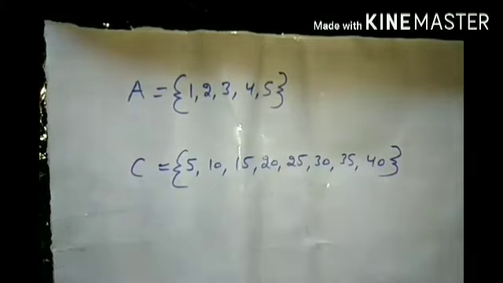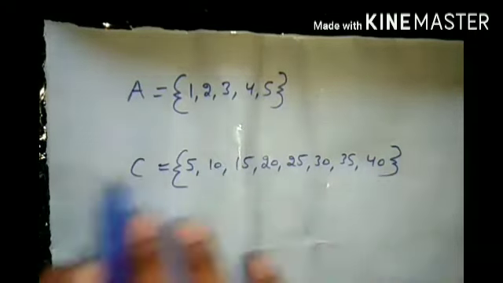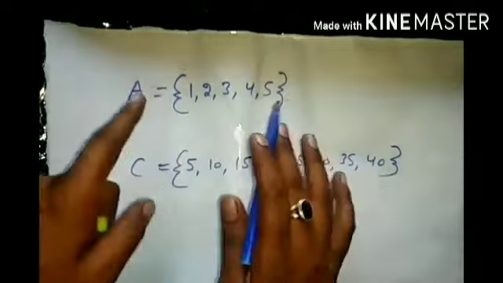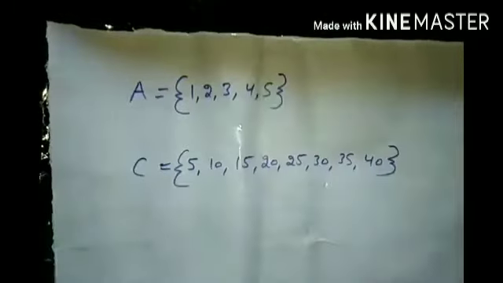These are the representations of a set. This type of representation is called the roster form or tabular form. In this form, you have written all the members of the set, separating them by commas. Clear? So this is called the roster form.